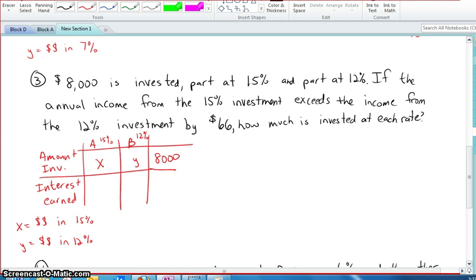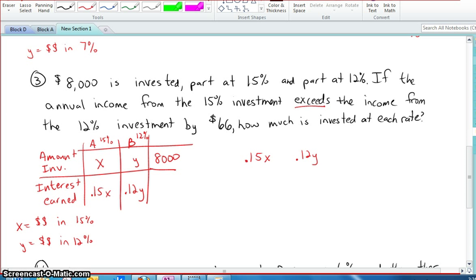So X and Y. The annual income from the 15% account, so that means 0.15x, exceeds, that means it's bigger than, the income from the 12% account. So that means this 0.15x is bigger than the 0.12y.